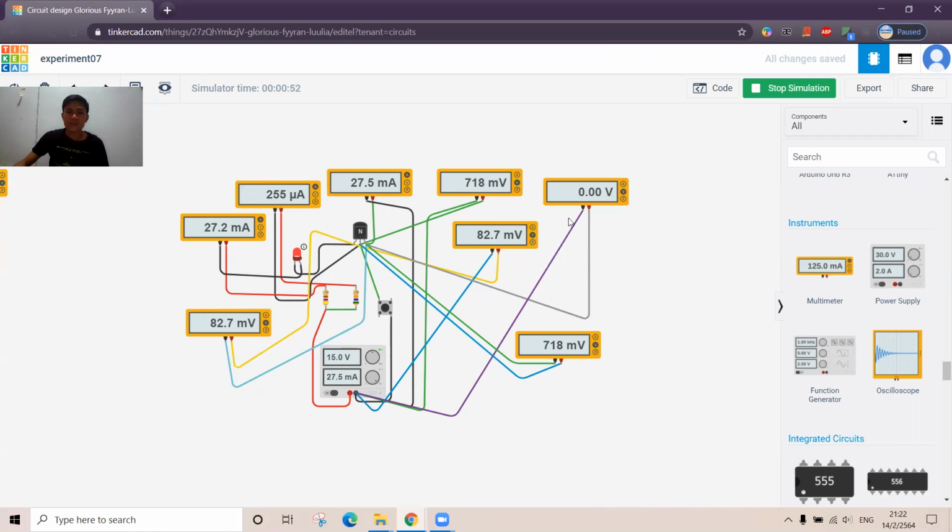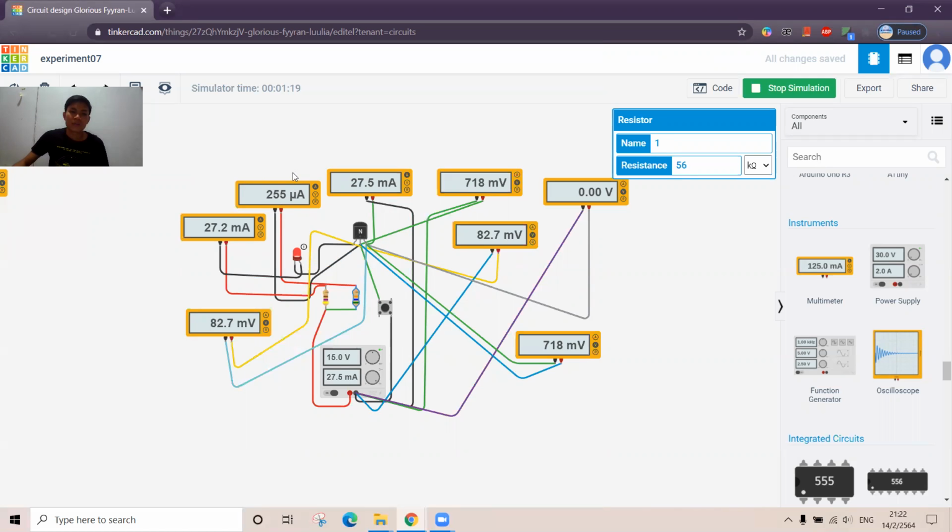Then we can measure the current and the voltage across these components. For example, this is the current through this resistor, RB.